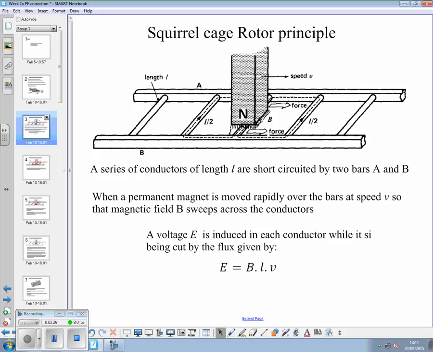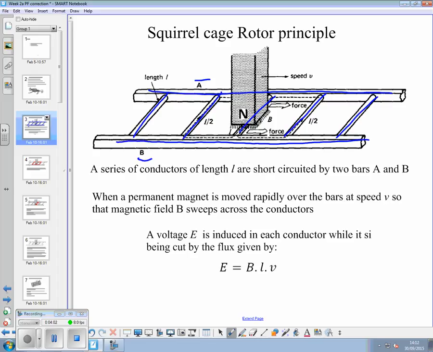Okay, but if we've got a series of conductors like these conductors here, they have length L in this ladder. They're like the rungs of the ladder, but they're short-circuited by these bars top and bottom, so they form conducting loops themselves. And that's the bars A and B, that one there and that one there.